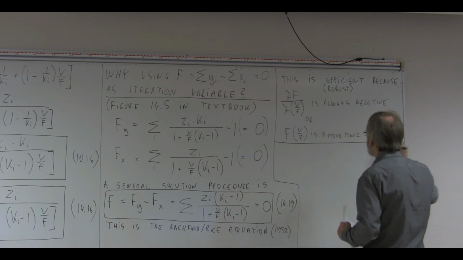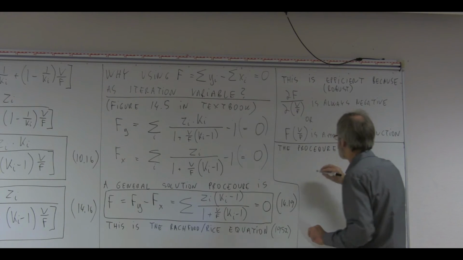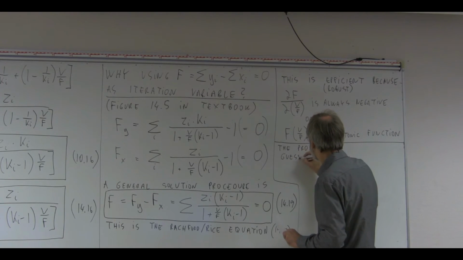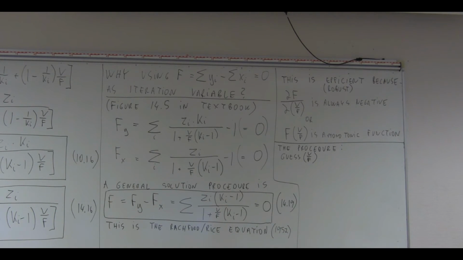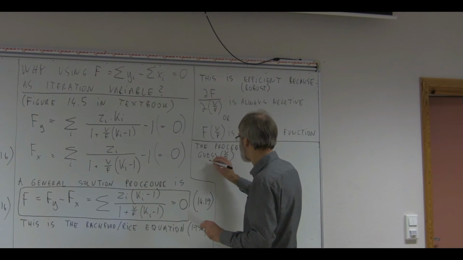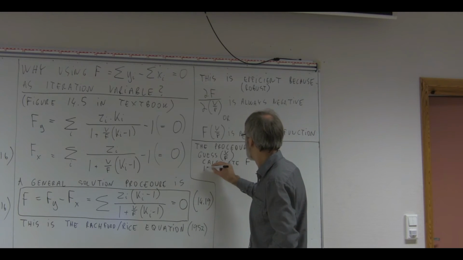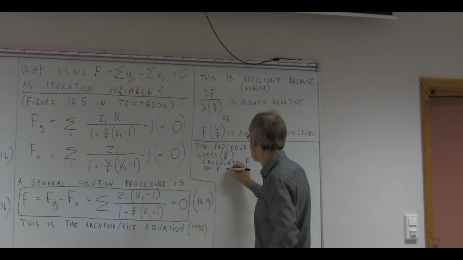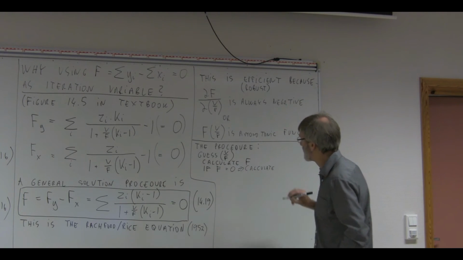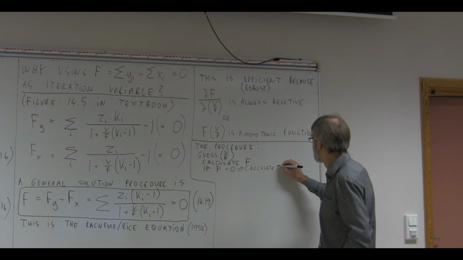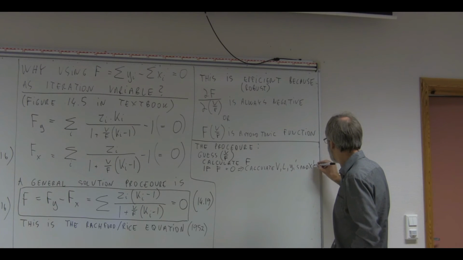And the procedure: guess V over F, and calculate F. If F is 0, then calculate the vapor, liquid, the y's and the x's.